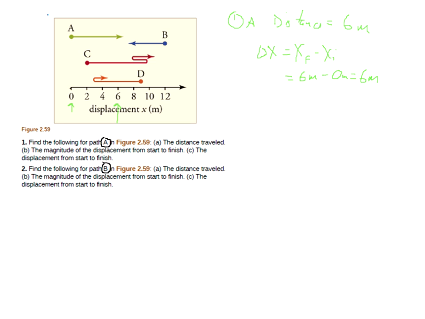So the displacement is 6 meters, and the magnitude of the displacement means absolute value. So the absolute value of delta x in this case is going to be 6 meters, and the displacement is also 6 meters.